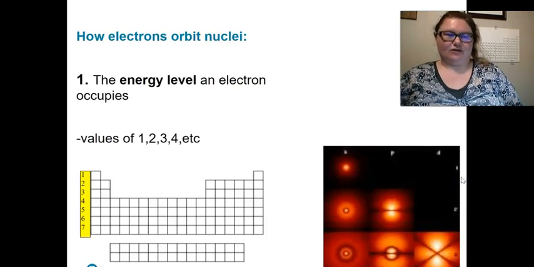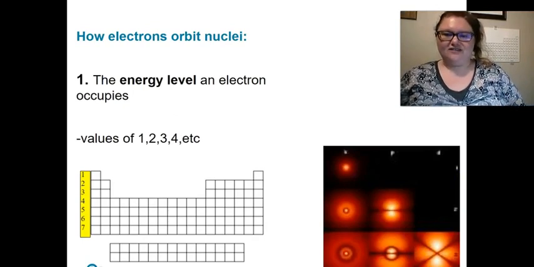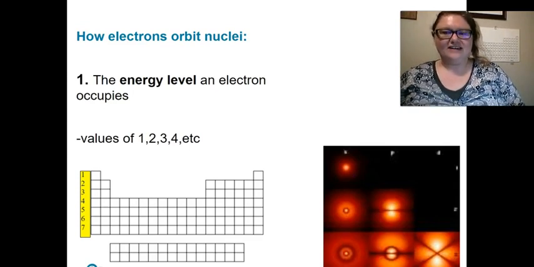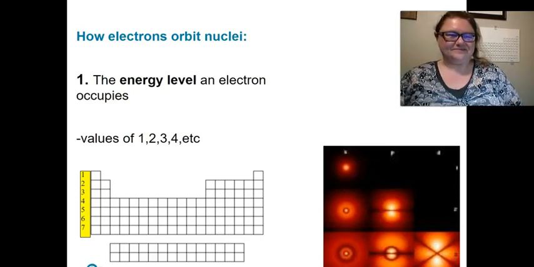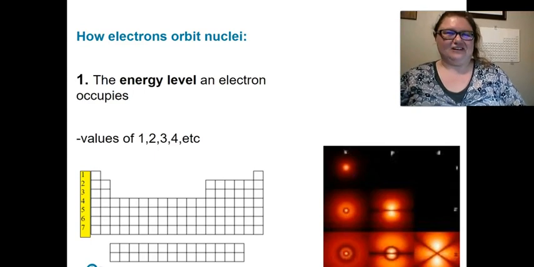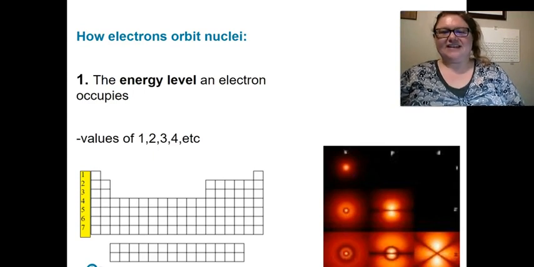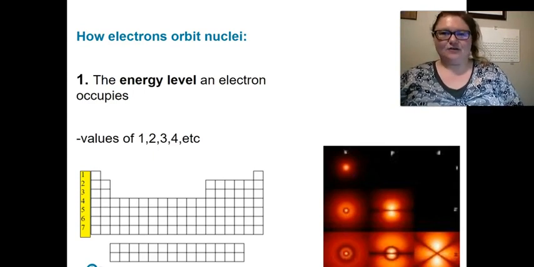Okay, an energy level. So an energy level is that largest space where we can find an electron. You see an image of some data there, what this looks like if we were in a lab. We do not have the capability of doing labs like this, sorry to disappoint, but there's plenty of YouTube videos if you really wanted to look into it. The energy level is much like the town that you live in, the town address.